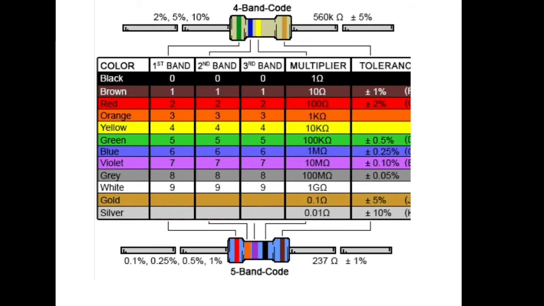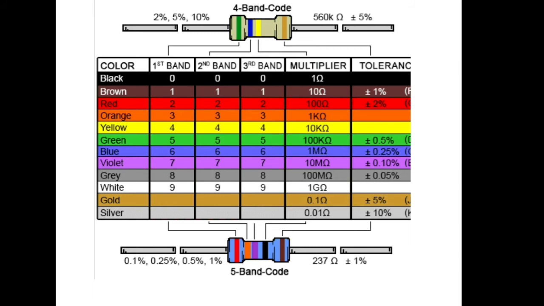You can calculate the first one: red color is indicated with 2, and therefore 2. The next one is 3, since here you can see orange, so 2 3. And the next one is violet. Violet has the number 7, so 237.